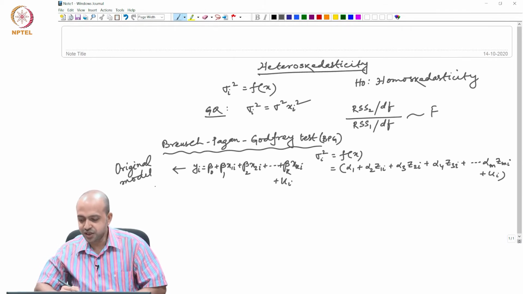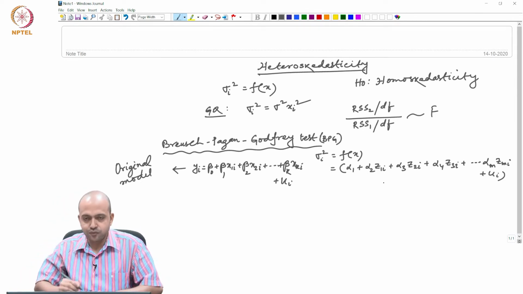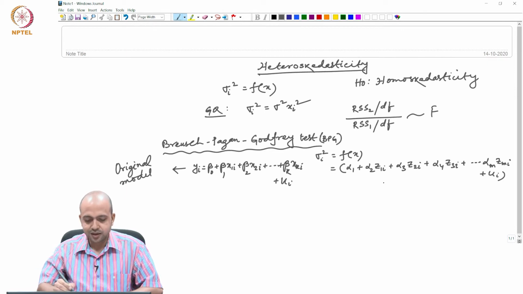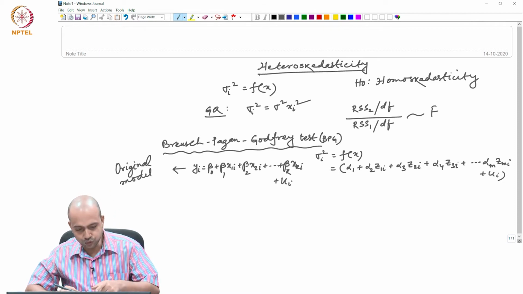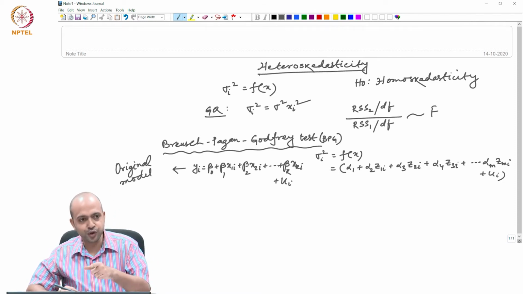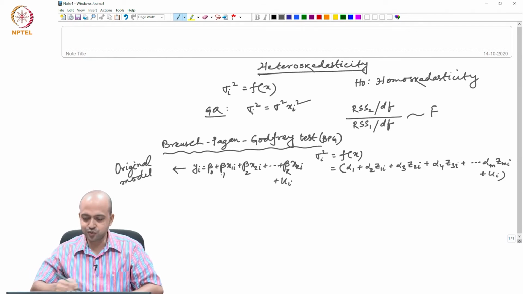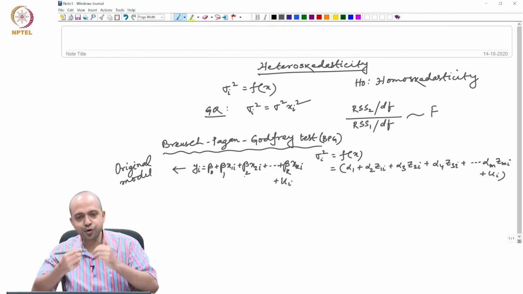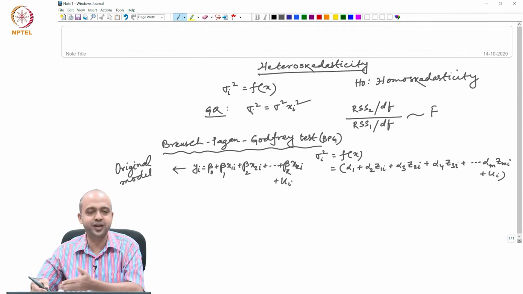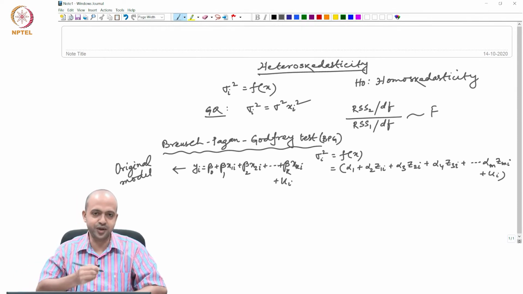Now this z, the set of variables that constitute z, comes from all or some of your x variables. That is the assumption we make. Z1 might be x1, Z2 might be x2, like that, right. So all or some of your x is actually z.